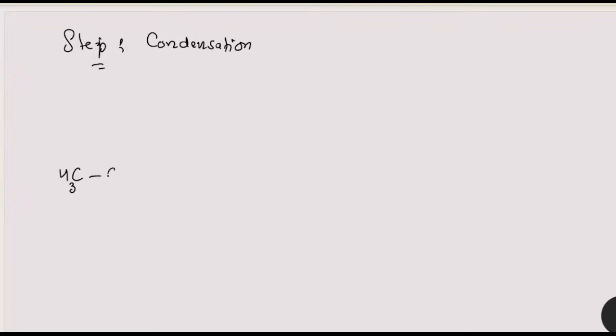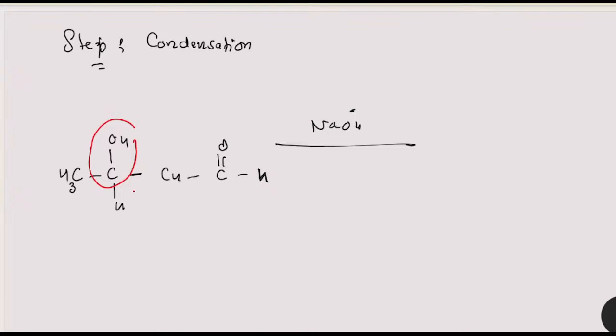Now let me write the reaction, and you will let me know the mechanism. So it's an OH and a hydrogen, it's a CH and a CO and a hydrogen there. This is the product we are getting from the previous slide. Again the NaOH base is still present there. With respect to this, it's the alpha position, and it's the beta position, simply alpha beta there. What is going to happen?